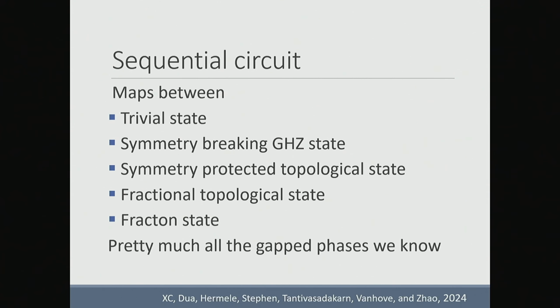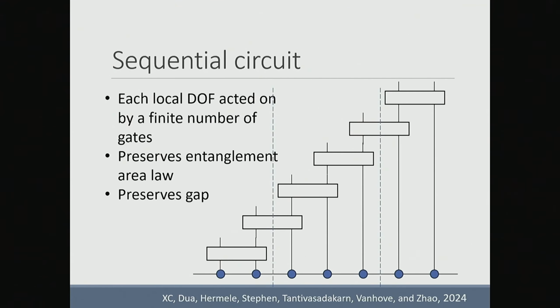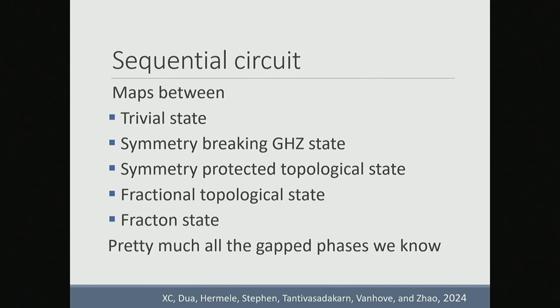So that shows us that a sequential circuit is actually the answer to our question of how to move between gapped phases using a quantum circuit. So what we did in this 2024 paper is to show that sequential circuits can map between all kinds of gapped phases.